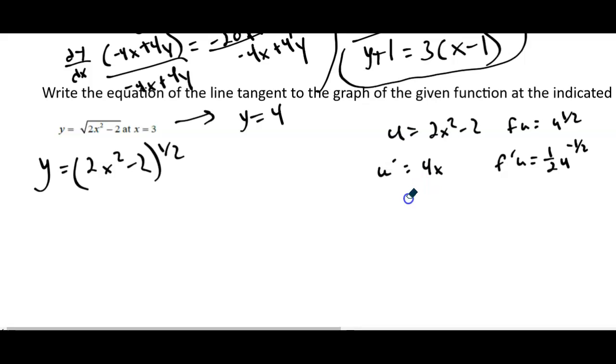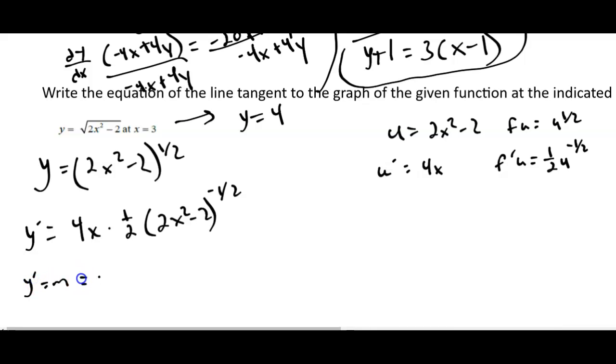So we end up with y prime equals 4x times 1/2 u to the negative 1/2. So now I gotta plug in x to find m. So 4 times 3 times 1/2 times 2 times 3 squared minus 2, all raised to the negative 1/2.